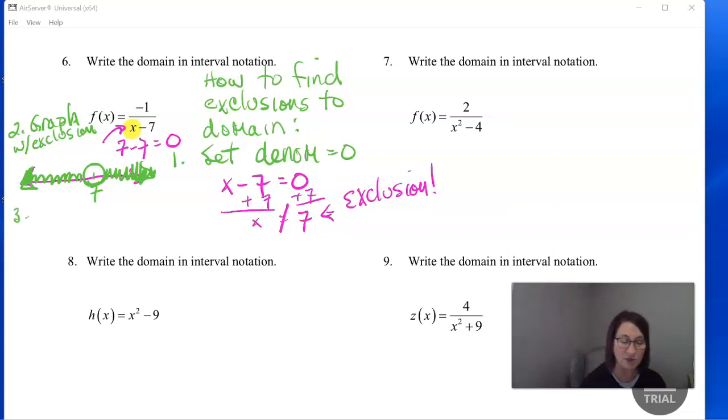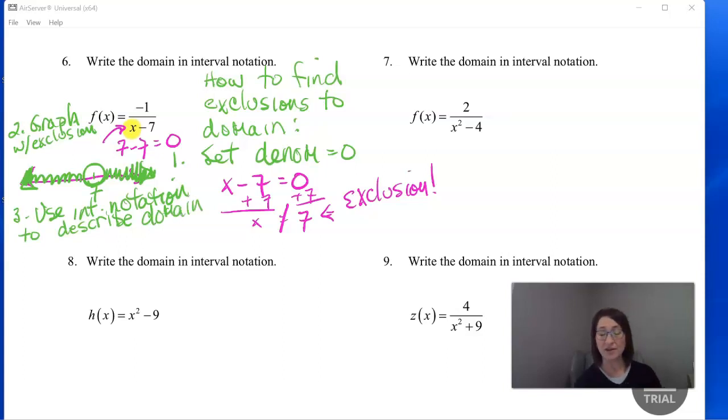Now I'm going to use interval notation to describe the domain. Okay, so my first part is going to be negative infinity to 7.